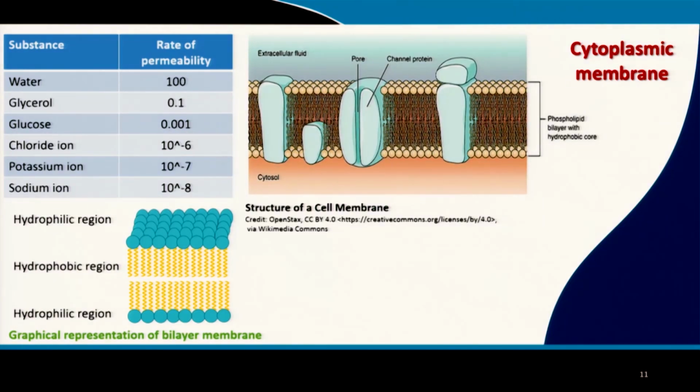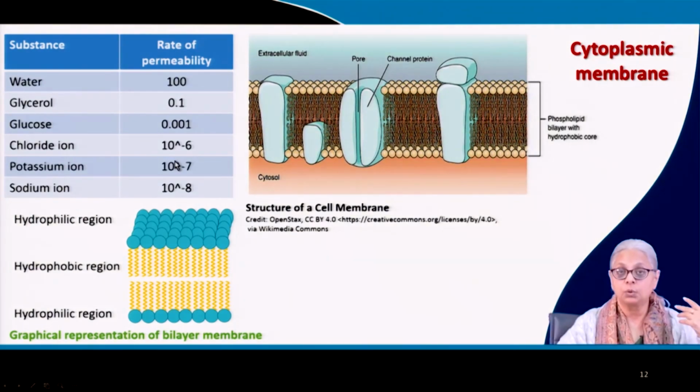For chloride, it's 10 to the power minus 8, because here we have 10 to the power minus 6. We divide it further by 100, and that gives us an idea that chloride ion is 10 to the power minus 8 times less permeable than water. And similarly, for the potassium ion, it would be 10 to the power minus 9, and for sodium, it would be 10 to the power minus 10. So that's how impermeable the membrane is to almost everything.